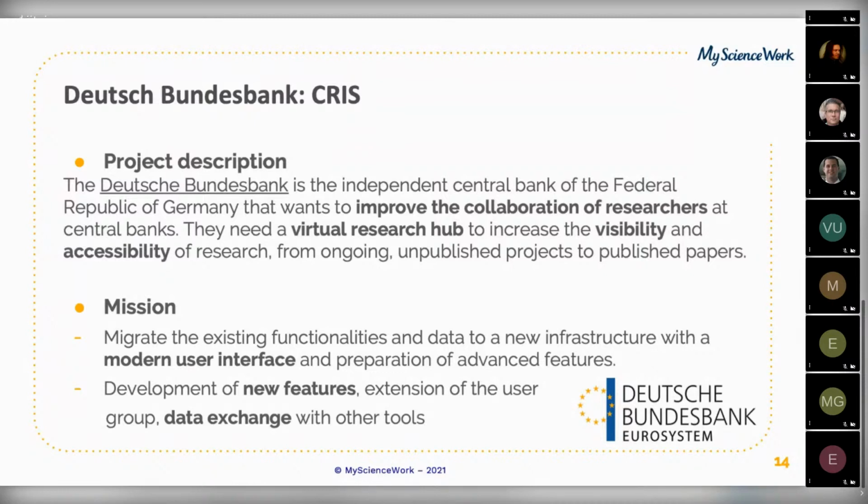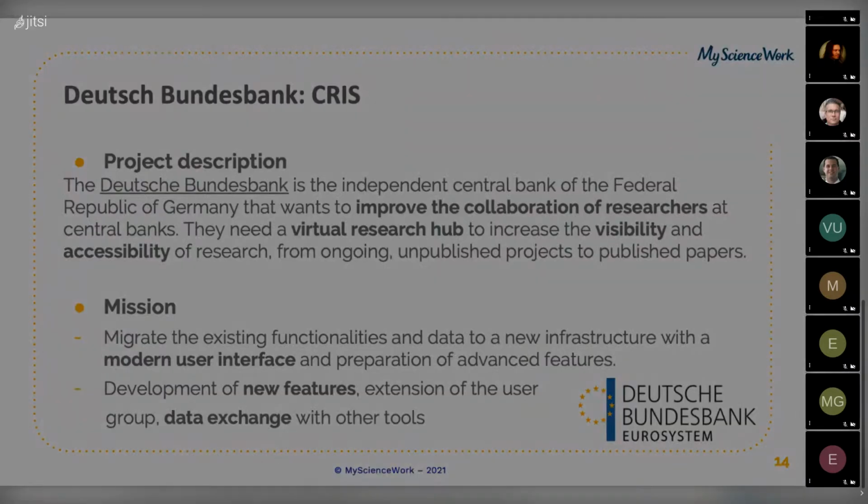So the goals were basically to migrate the research projects and publications databases from the current system to Polaris OS, to manage all the publications from submission to acceptance for the Bundesbank journals, to provide a flexible API to allow internal systems to access the institutional repository, and also to provide a platform able to embed natural language processing technologies for the automation of tasks and text analytics.